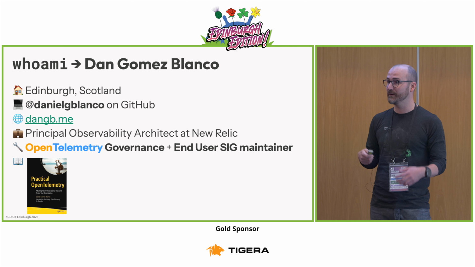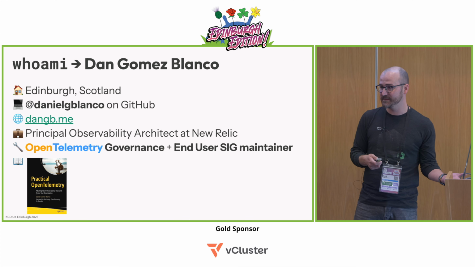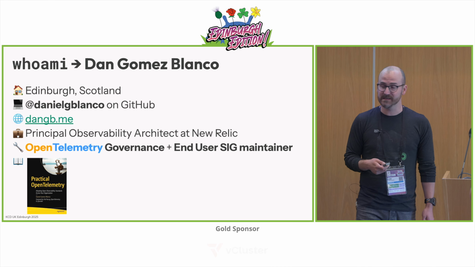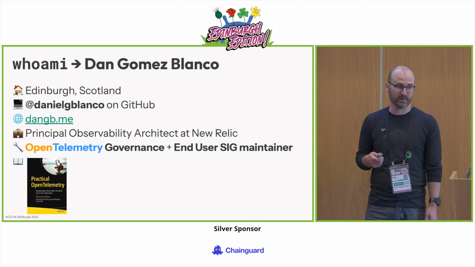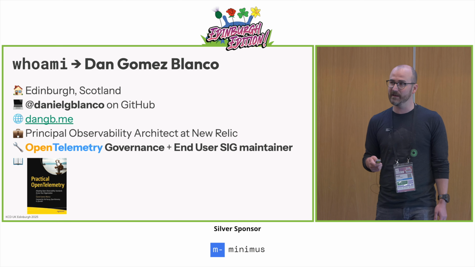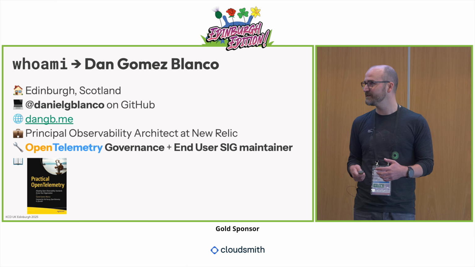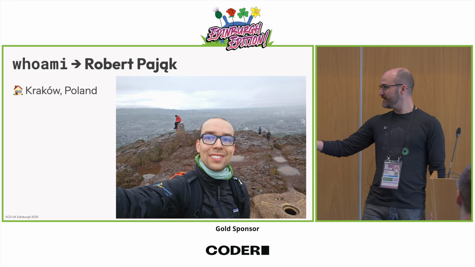I have been working in platforms for almost 15 years, from CERN in Geneva to recently Skyscanner. I'm part of the OpenTelemetry governance committee and also a maintainer of the end user special interest group. And I've got a book called Practical OpenTelemetry. It's about 2 OpenTelemetry years old, which is about 20 years in human years. And that's all about me.